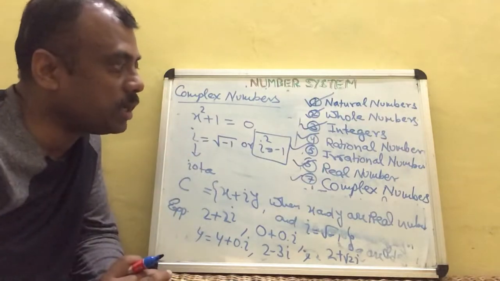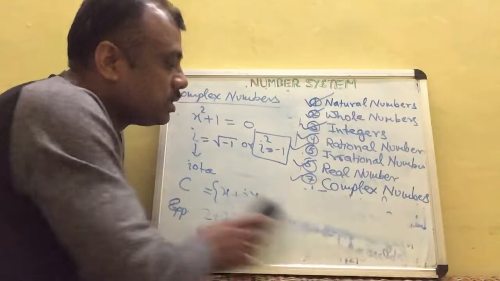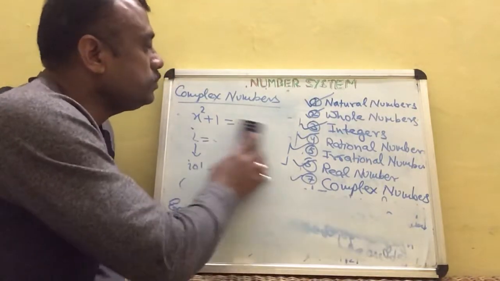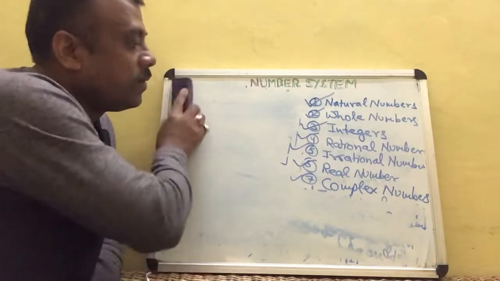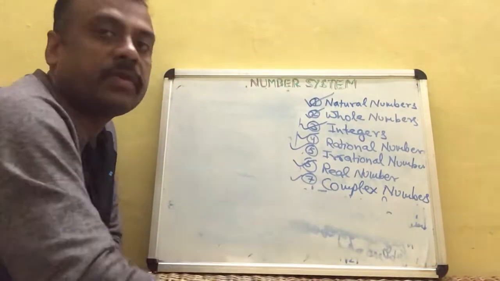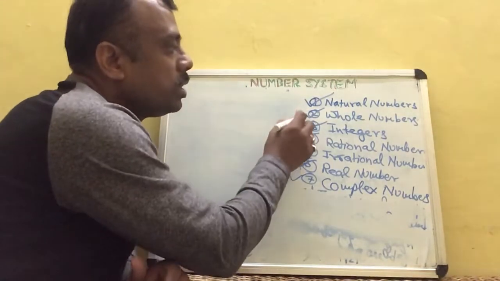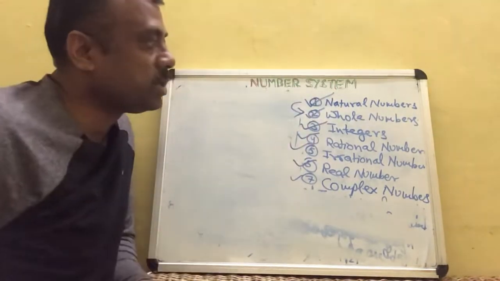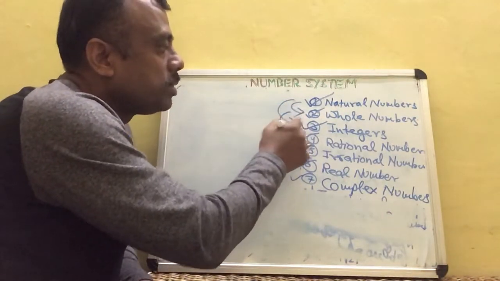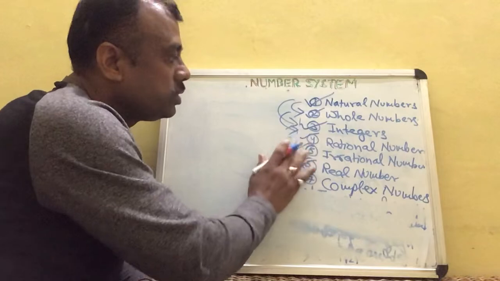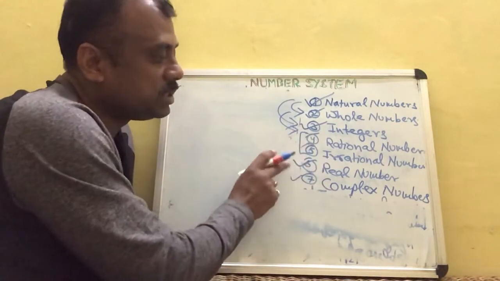One more point I want to tell you all, that in all these number systems, the next family will contain the previous family. For example, whole numbers will have natural numbers in them, integers will have natural numbers and whole numbers both, and if we combine these, we consider real numbers.